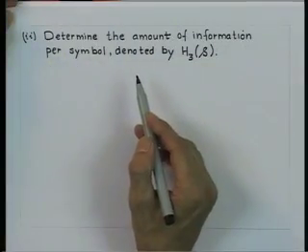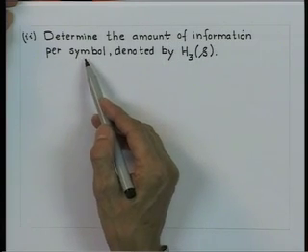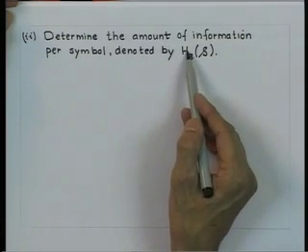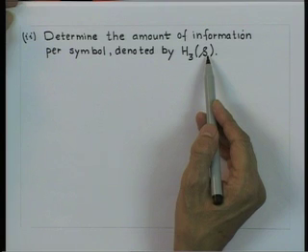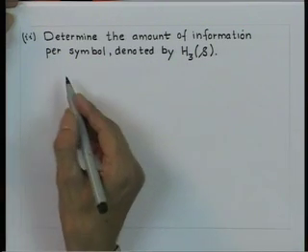Now the next question is, once I know the information in a trigram, determine the amount of information per symbol, which is denoted by H3S. If I want to calculate H3S, it is very simple.